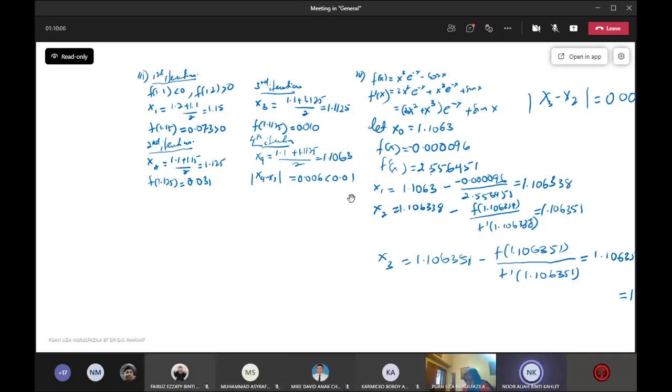For the secant, do we take 1.1 and 1.1063? Yes, the last one from part 3, bisection. Okay, so it's 1.1063 and 1.1.